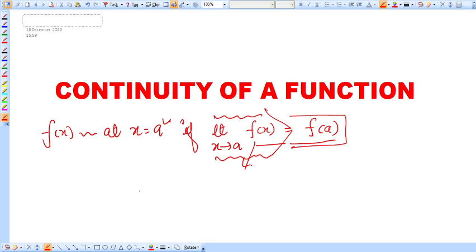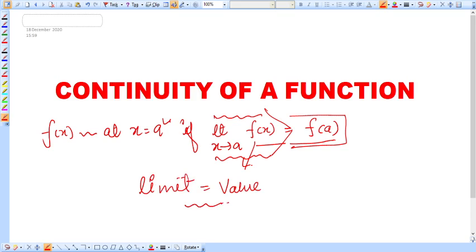If the limit of the function is equal to the value of the function, then we say the function is continuous at that point. So this is the definition of a continuous function.